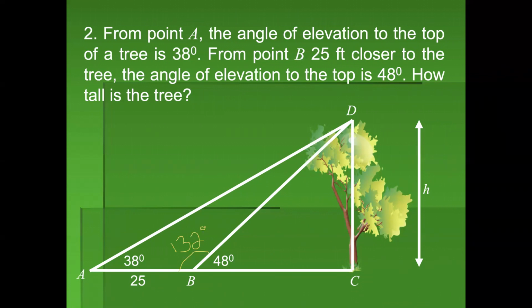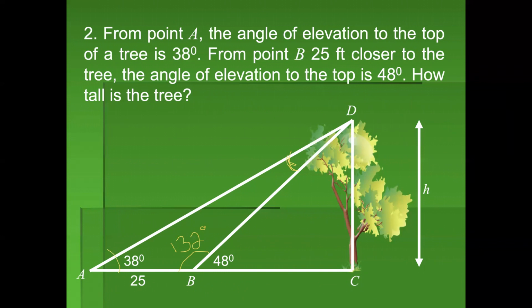And then let us solve for this angle, angle D. Again, a triangle is 180 degrees. We already have 38, and we already have 132, and we need to solve for the remaining angle.